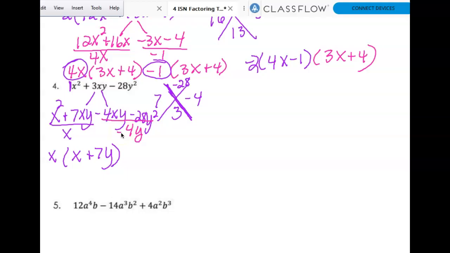Don't miss the negative, otherwise it doesn't turn out. So negative 4y. So here, what do I get? X plus 7y. Do the parentheses match? Are we feeling not as scared anymore? X plus 7y. And these are left.